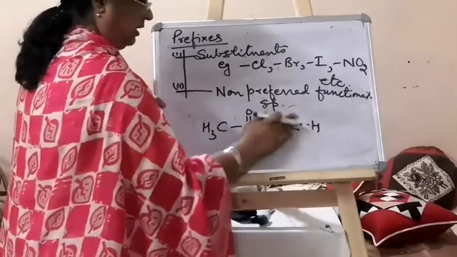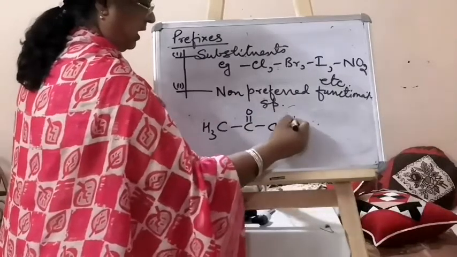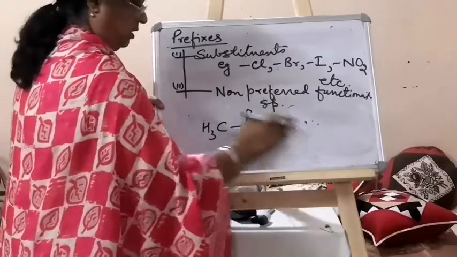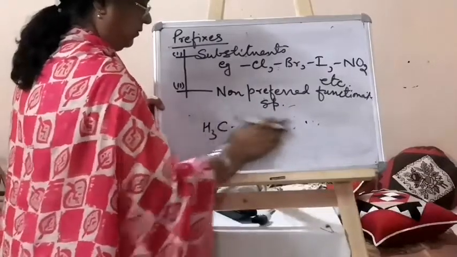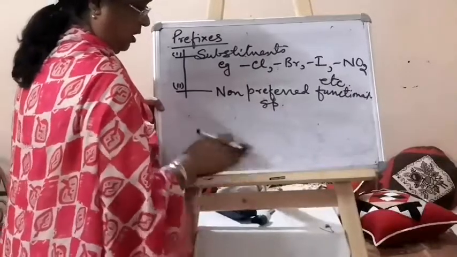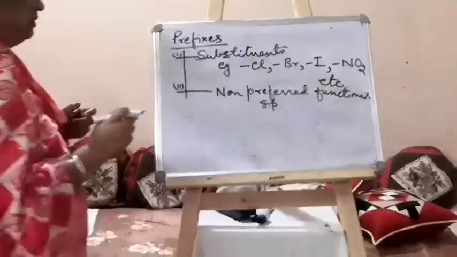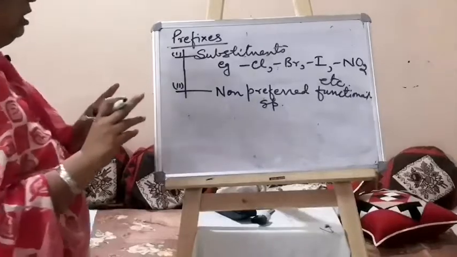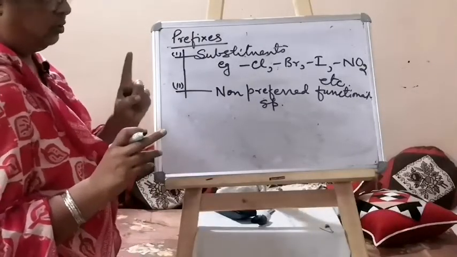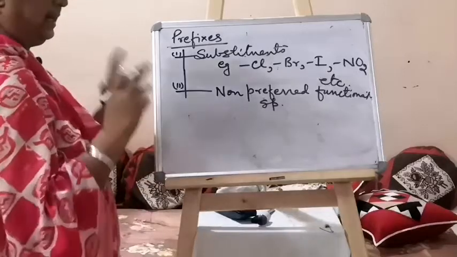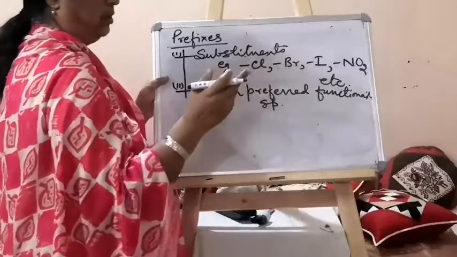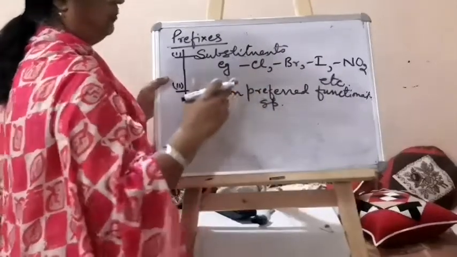Or you can take this and an alcohol. When you have more than one functional group in a carbon chain, then only one type of functional group will get the status of the functional group, and the remaining functional groups will not.